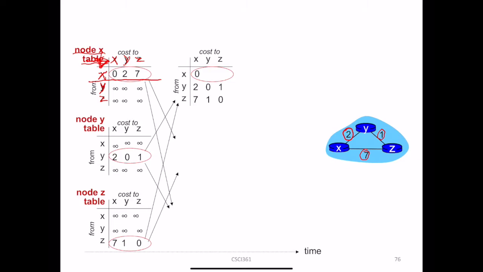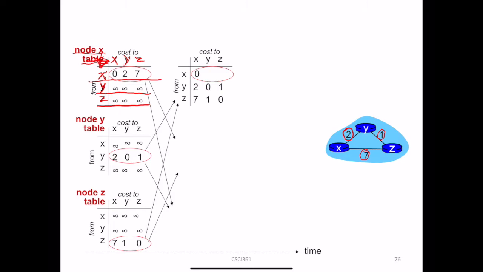X to X, the cost is 0. From X to Y, the direct path cost is 2. From X to Z is equal to 7. However, since node X hasn't received a message from Y or Z yet, the distance vectors for Y and Z here will be set as infinity.